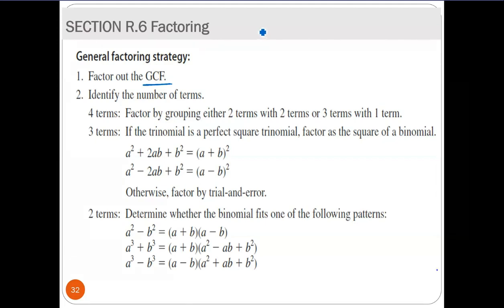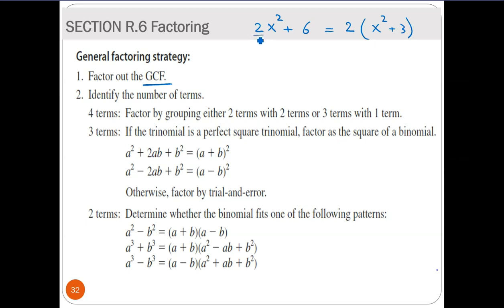If we have, for example, sometimes we can find a number for 2x squared plus 6. Here we can put this polynomial as 2 multiplied by x squared plus 3. Why?